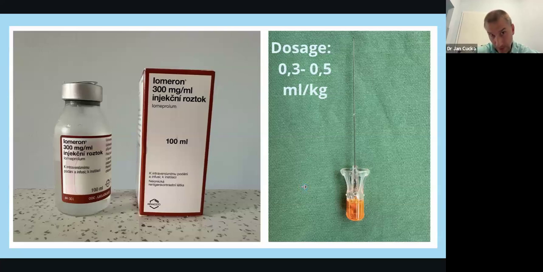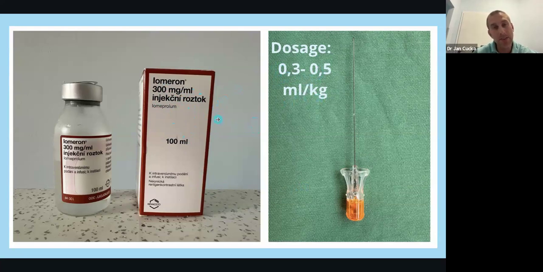So for the myelography, I'm using iopamidol, 300 milligrams per mil. It's the standard concentration, and my dosage is 0.3 to 0.5 mils per kilo.